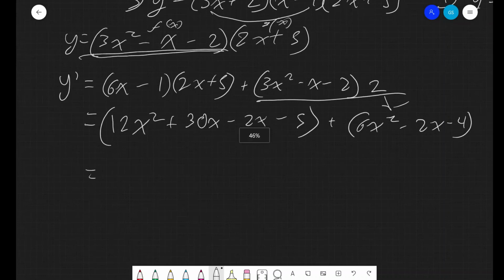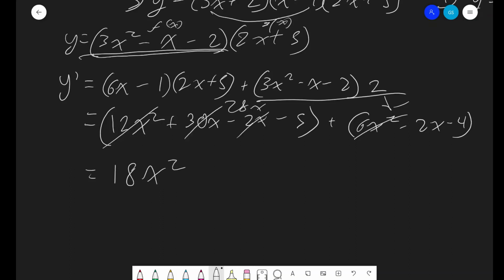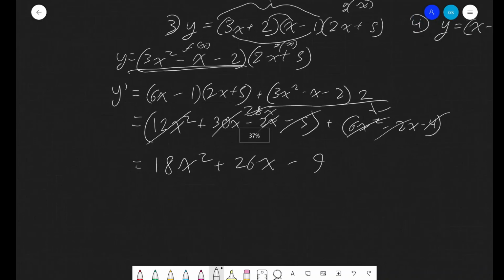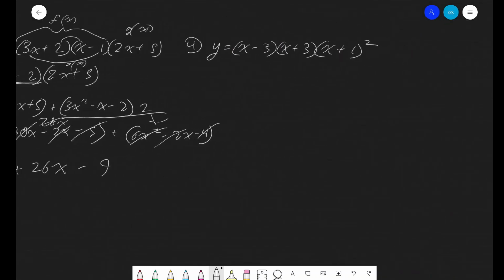Now simplifying, 12x squared plus 6x squared is 18x squared. 30x minus 2x is 28x, minus another 2x becomes 26x. Negative 5 minus 4 becomes negative 9. So 18x squared plus 26x minus 9. That is the derivative of that one.